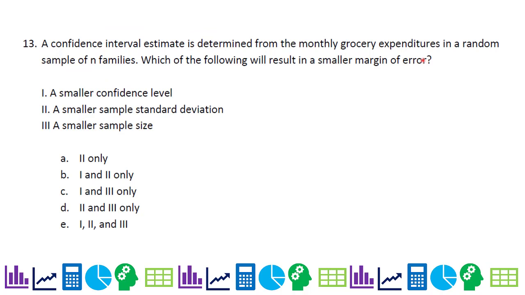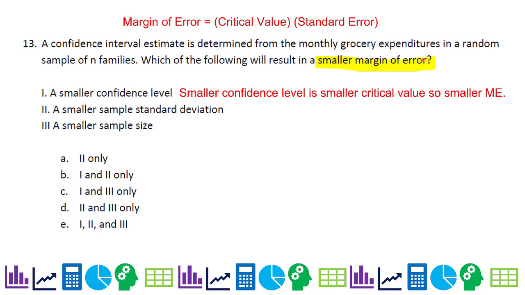Number 13, a confidence interval estimate is determined from the monthly grocery expenditures in a random sample of n families. Which of the following will result in a smaller margin of error? Let's remember margin of error is critical value times standard error. If we use a smaller confidence level, that means we'll have a smaller critical value, so our margin of error will be smaller.